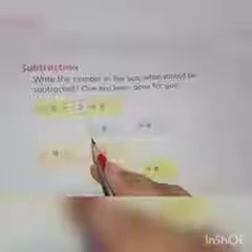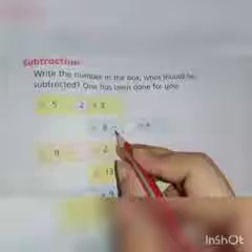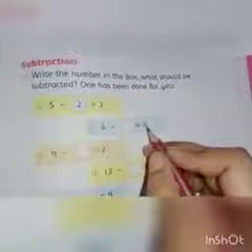Go for the next one. Here we have point B. At point B, we have the number 6 minus blank is equal to 4. Which number are we going to subtract from 6 to get the answer 4? Let's solve it. The bigger number is 6 and the smaller number is 4.